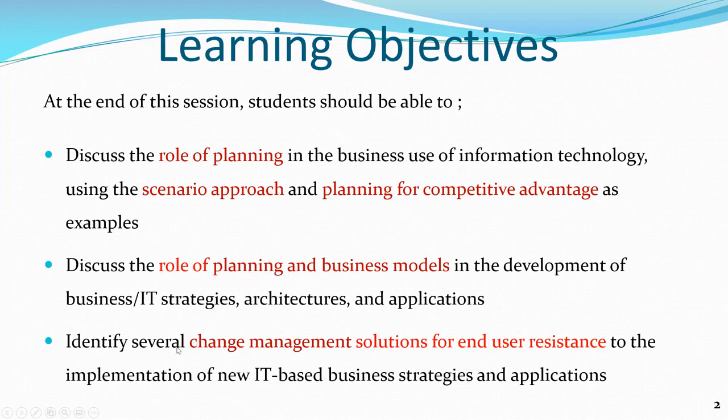And finally, we discussed change management, a solution for end user resistance, and how information technology could be implemented as a change management process and a strategic application implementation, and how a change manager needs to operate, right?